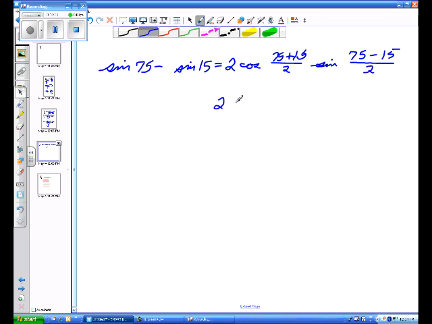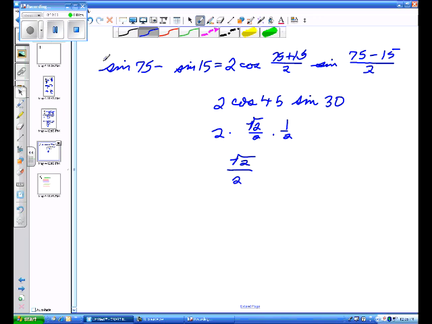Well, this is 2 times the cosine. 75 plus 15 is 90, and 90 divided by 2 is 45. 75 minus 15 is 60. 60 divided by 2 is 30. So we have 2 times the square root of 2 over 2 times the sine of 30, which is 1/2, and we end up with the square root of 2 over 2.